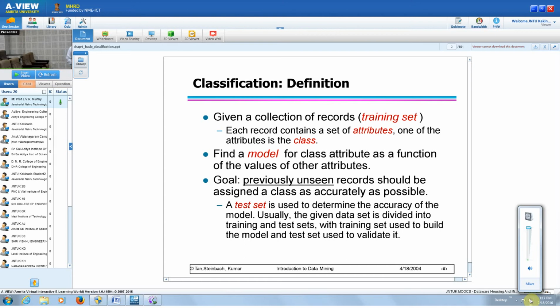See, the difference is you have multiple attributes and a class label. You are predicting a class. Here these class labels are categorical variables, whereas in your regression, you are predicting a numerical variable.